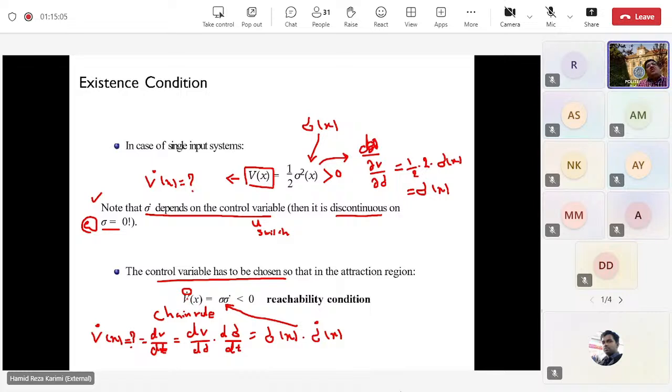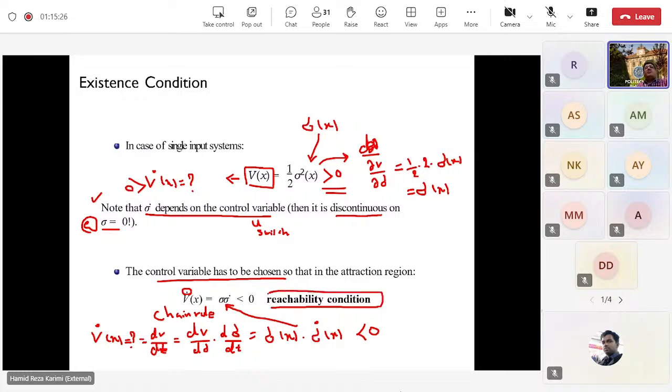Okay, so V dot(x) becomes sigma times sigma dot, and V(x) is positive, so V dot(x) should be negative. By choosing the control signal, this condition should be satisfied.